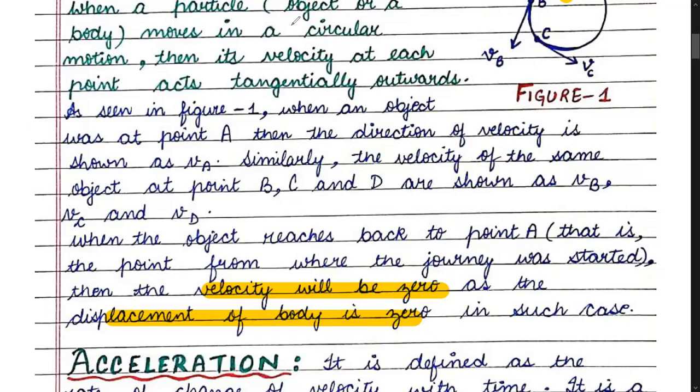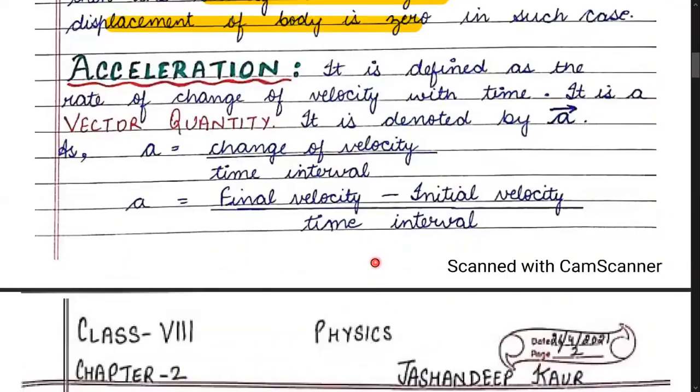Now let us start with the word acceleration. Children, acceleration is defined as rate of change of velocity with time. And as discussed last time, the word rate represents division with respect to time.